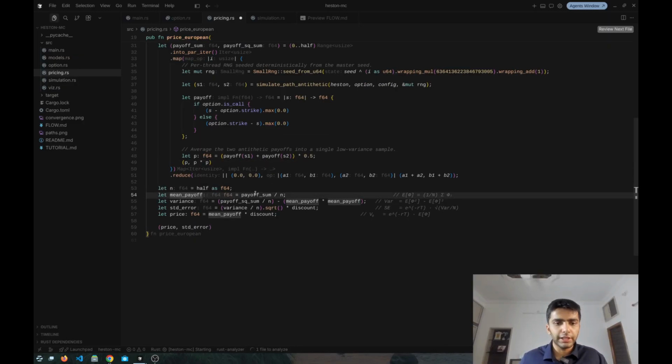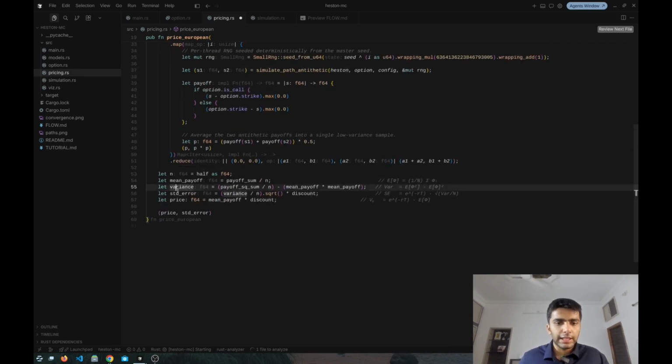So we divide the payoff sum by the number of paths that we generated. So now we have the actual average mean payoff, and then we calculate the variance using the probability theory variance formula and the standard error, and then price, as I told you.